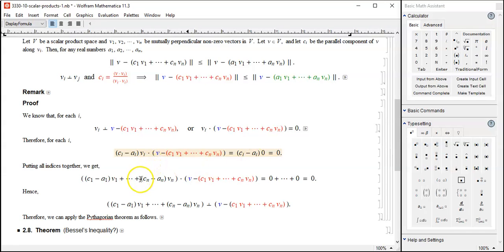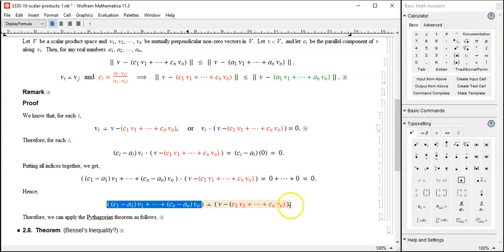In the end, Cn minus An times Vn dot product of this has to be 0, as you saw before. So what do we have? We have a bunch of zeros added up together, so we have to have 0. And consequently, this vector and this orthogonal component vector are perpendicular. So we have it.